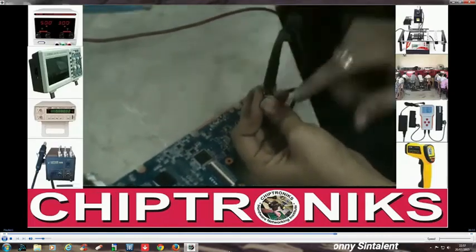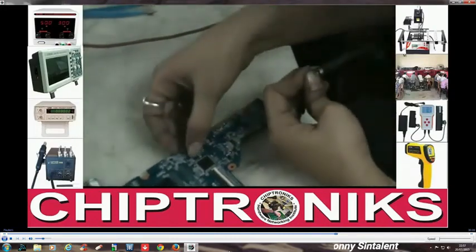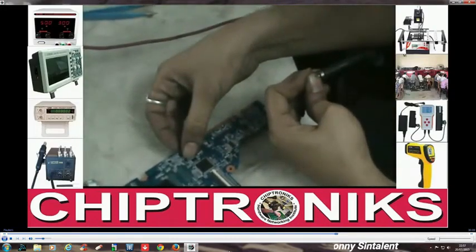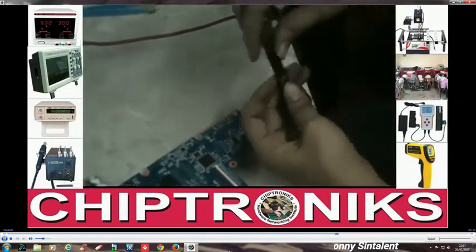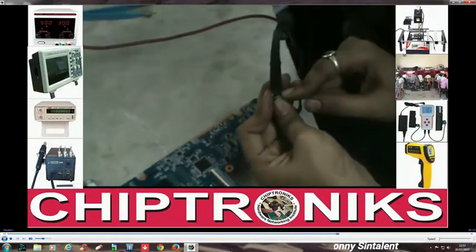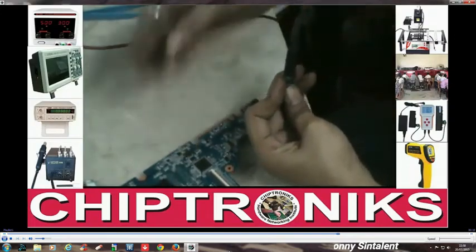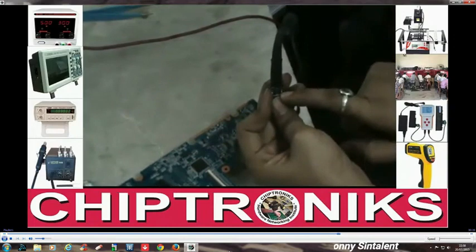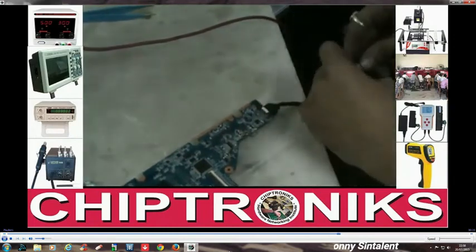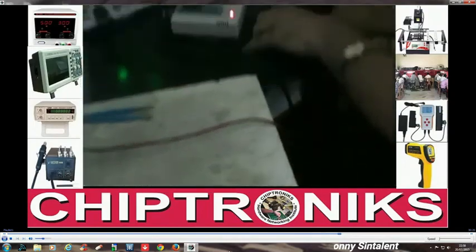When this LED glows, it means your BIOS, EC BIOS is working. But when you do not get this LED, it means maybe the problem is in your EC BIOS. That's why here you do not get an adapter detection signal. Okay, here our BIOS is programmed.